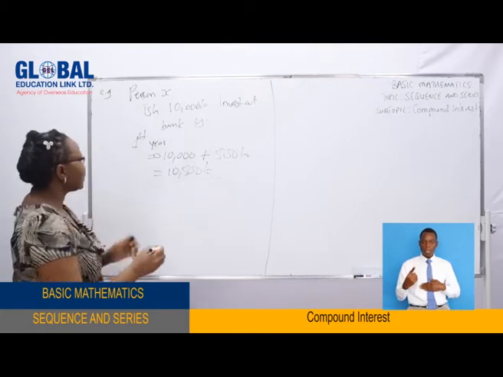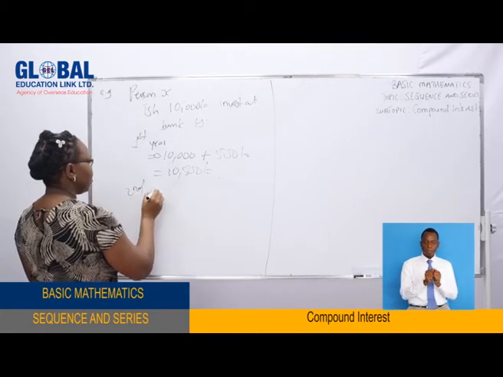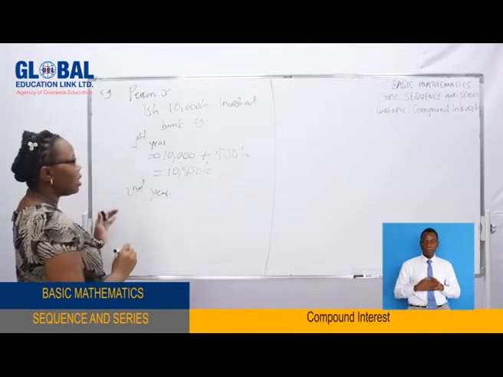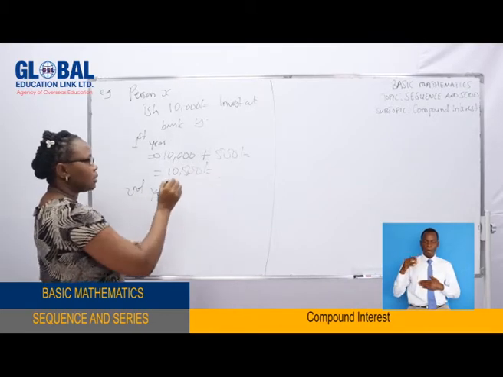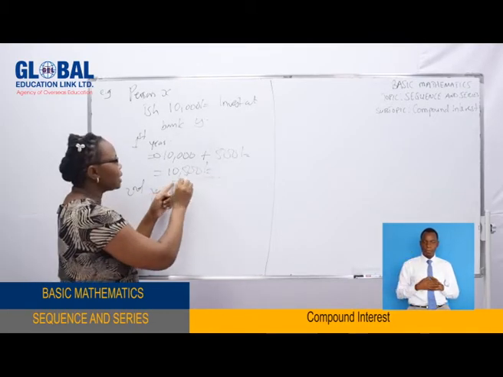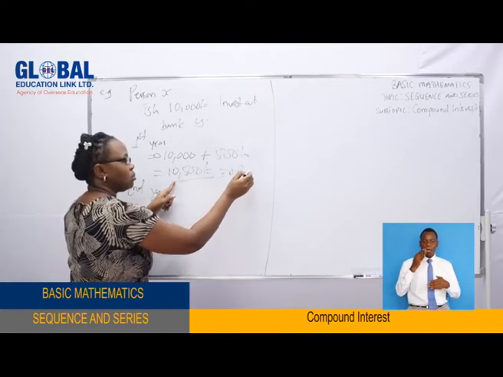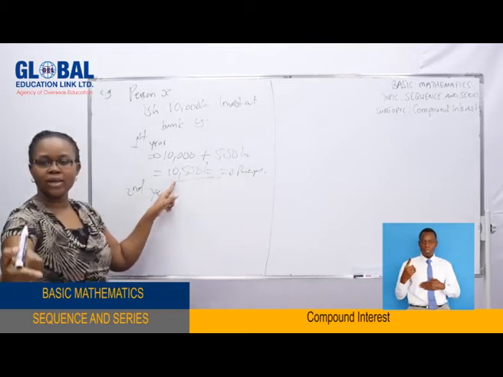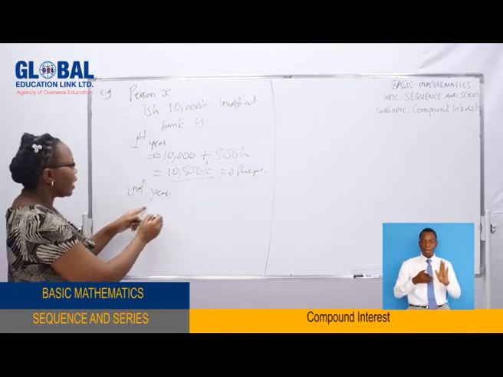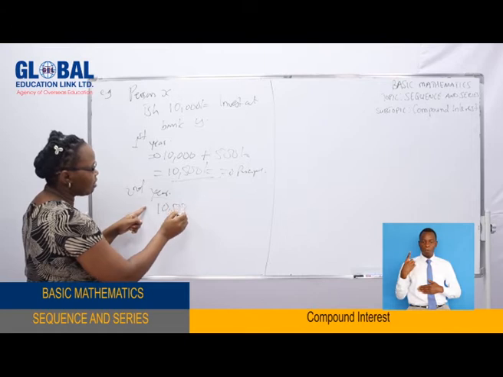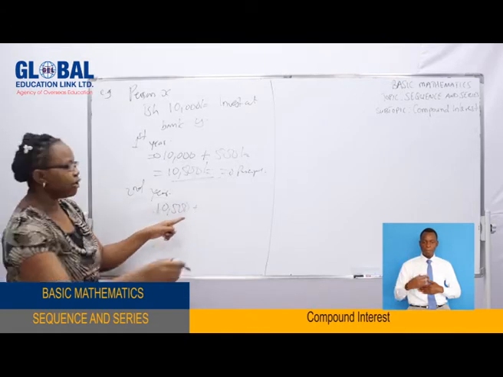Then at the second year, the amount obtained in the first year will be the principal for the second year. So in the second year, they will count the principal 10,500 with the addition of interest.